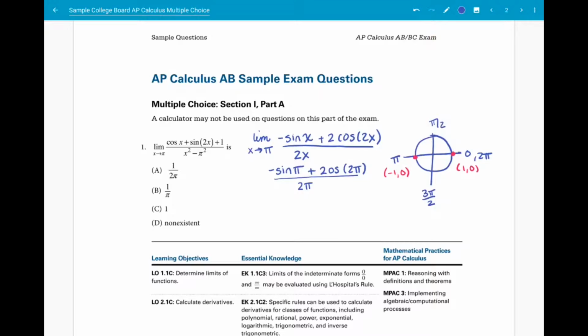So negative sine pi, sine is 0, so that's 0, plus 2 cosine of 2 pi, cosine is 1, so 2 times 1, all over 2 pi is equal to 2 over 2 pi, which is 1 over pi. So the answer is B.